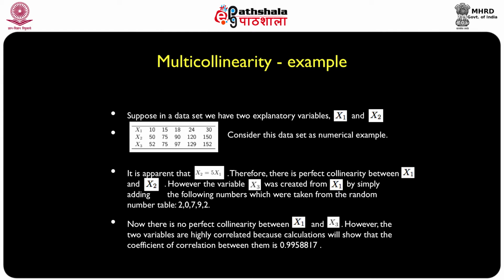For example, the first value of x3 is 5 times x1 plus 2, which gives us 52. The second value is 5 times x1, which is 75, plus 0. The third value is 5 times the value of x1 plus 7 and so on.